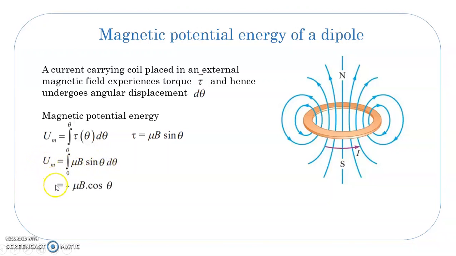So we get U = minus mu B cos theta. Using the definition of dot product, we get U = minus mu bar dot B bar. This is the formula for magnetic potential energy for a current carrying loop suspended in an external magnetic field.